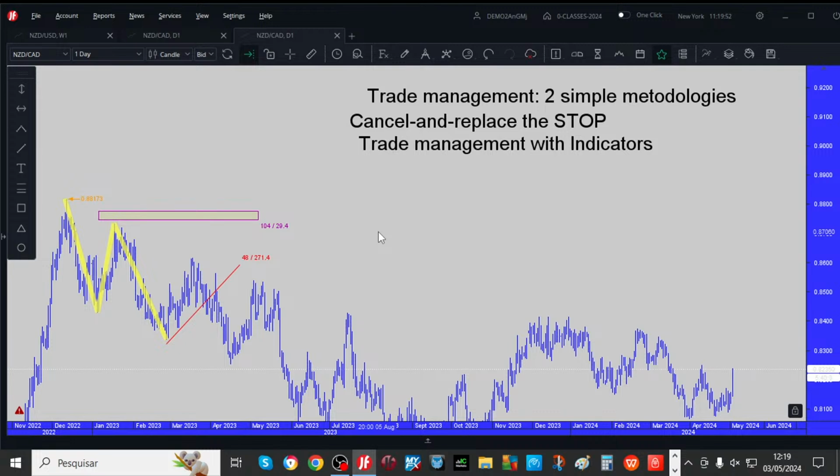But many times we talk about why would you let a winner turn into a loser, if this makes sense to you. But it's not mandatory. You can have a fixed stop and a fixed take profit. There is no right or wrong. It's your strategy.